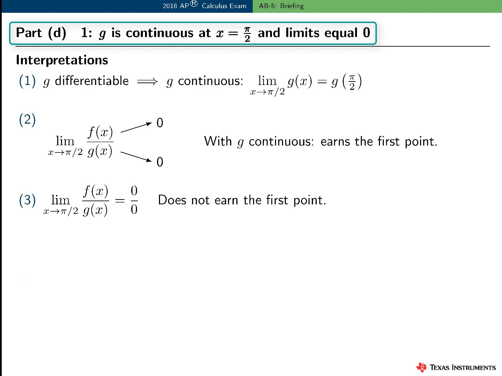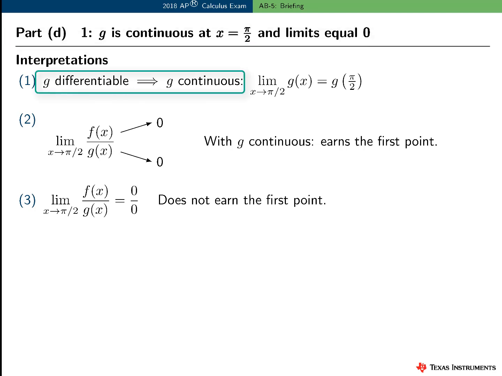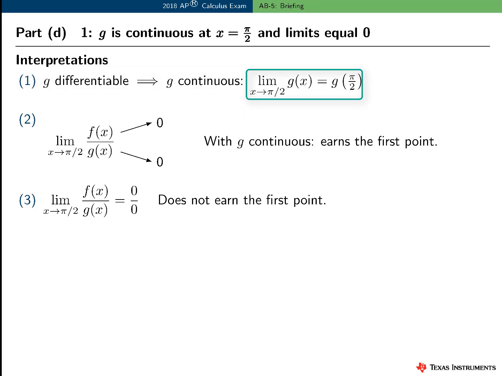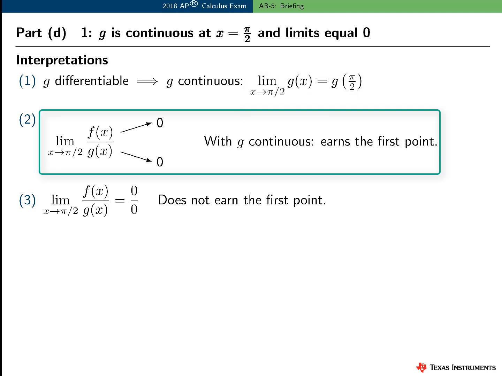In Part D, the first point was for concluding that g is continuous at x equal pi over 2, and for demonstrating the limit of the numerator and the limit of the denominator are both 0. Since g is differentiable, g is continuous. And this property of continuity is necessary so that we can evaluate this limit by direct substitution.